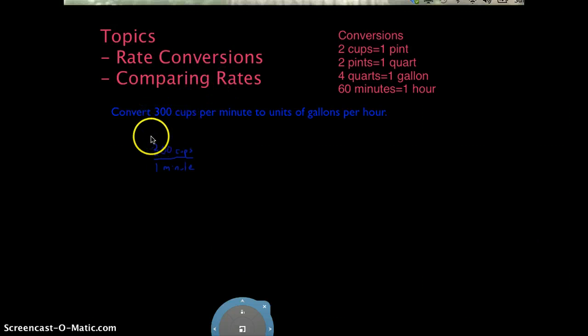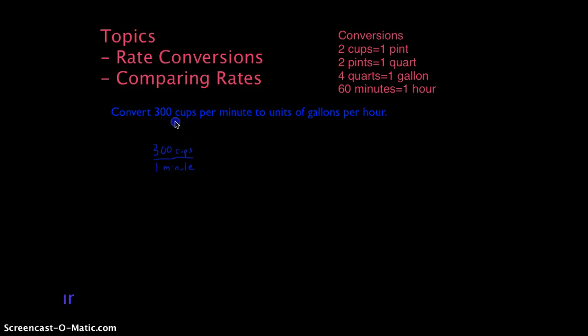So imagine we've got a tank of water that's pouring out 300 cups per minute, okay? And that's a unit there, but I want to know what that's going to look like in gallons per hour, okay? So what I've done is I've started by just writing the unit, 300 cups in 1 minute, okay?